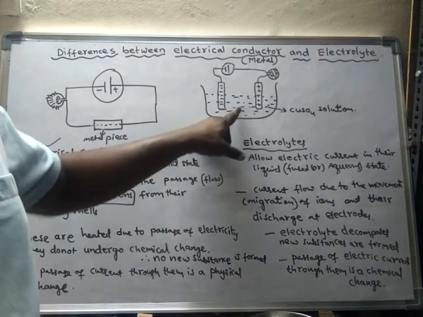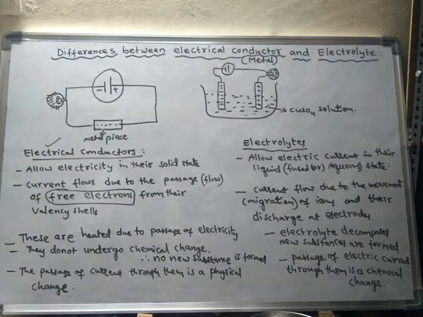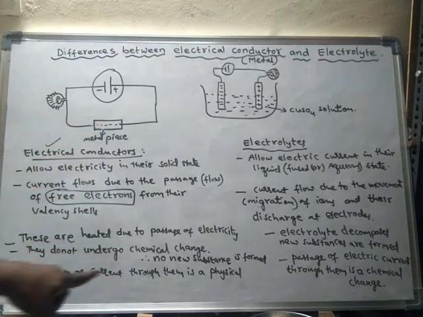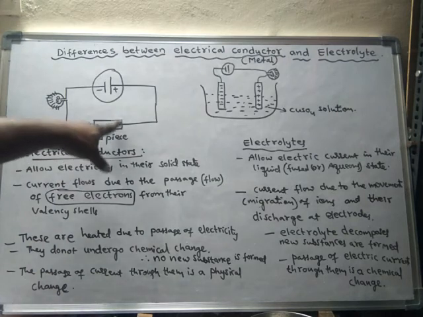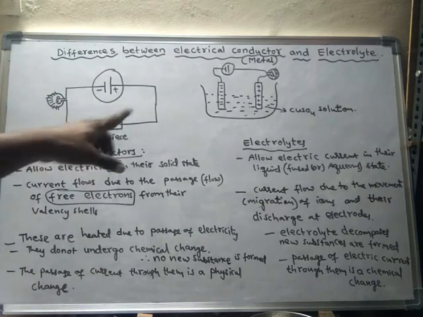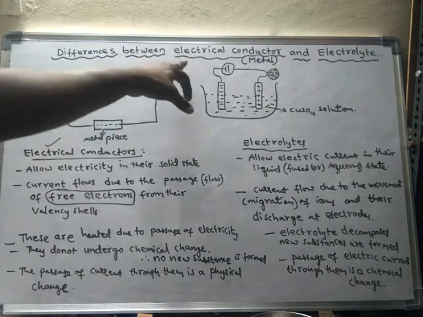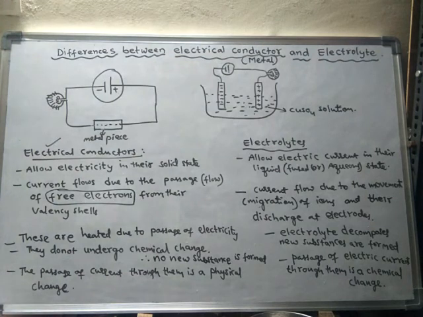Electrolyte will decompose and form new substance. Passage of current through the conductor is a physical change, so there is no new substance formed. Hence the passage of electricity through the metal piece or else through the electrical conductor is a physical change.